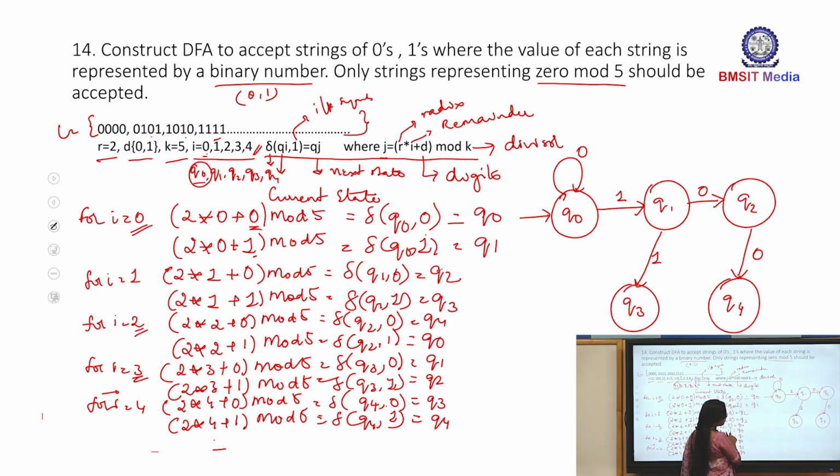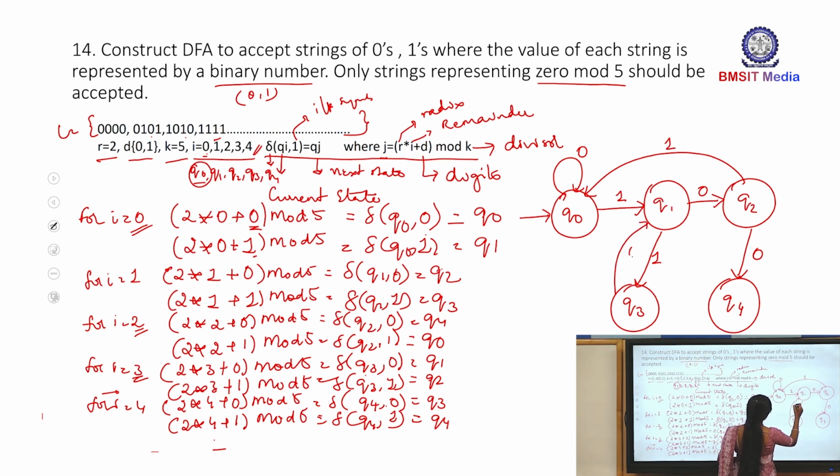Q2 on accepting a 1 makes a transition to Q0. Q3 on accepting a 0 makes a transition to Q1. And Q3 on accepting a 1 makes a transition to Q2.